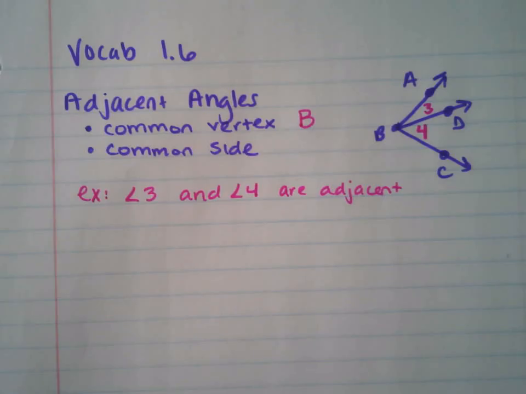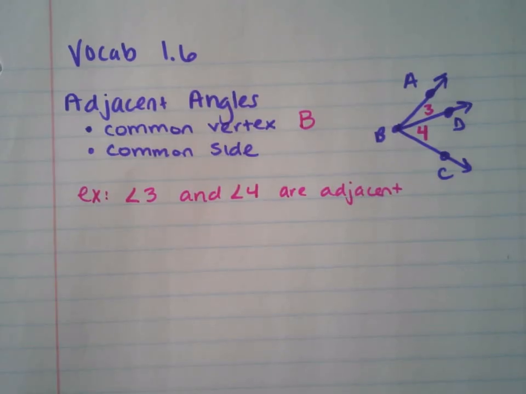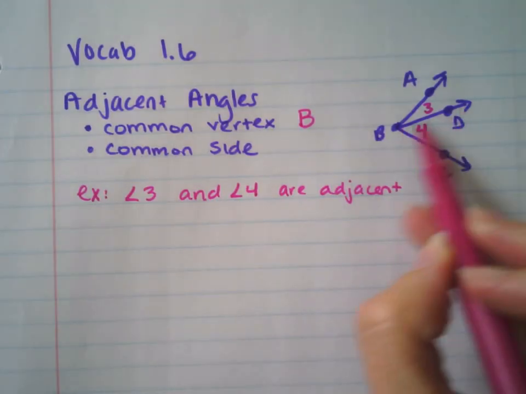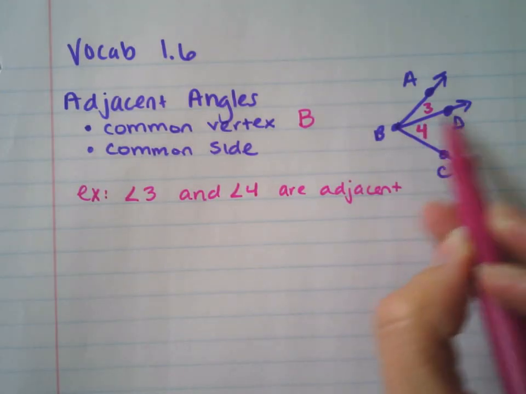And then what would be considered the common side? What is this side? Okay. We talked about angle sides, right? They can either be rays or they can be segments. This is the side. How do I name this thing that's going through the middle?